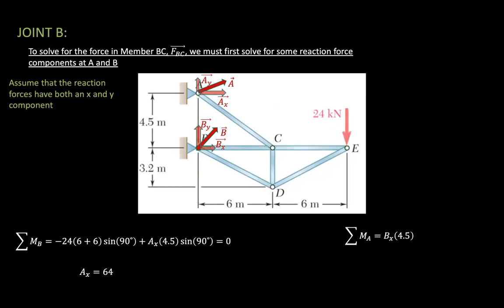Now the sum of the moments about A is equal to the X component of the B force times 4.5, minus 24 times 6 plus 6. So why 24 times 6 plus 6?